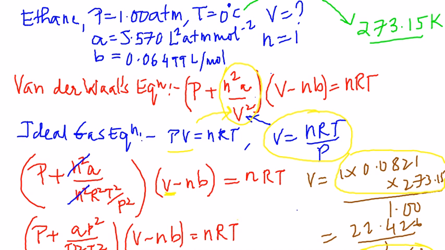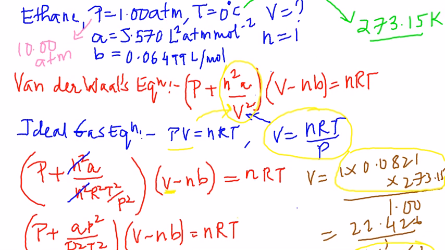Now this problem further goes on to ask you, what's the molar volume going to be if the pressure had to be, let me see if I can put this in a different color, if the pressure had to be 10.00 atmospheres. So the strategy is exactly the same.